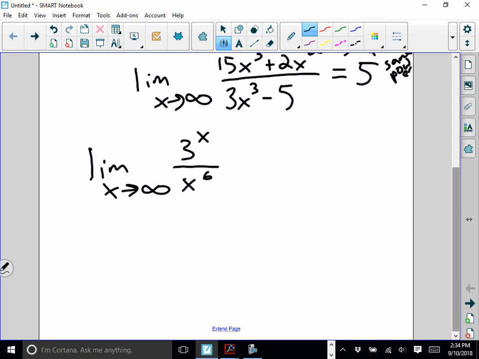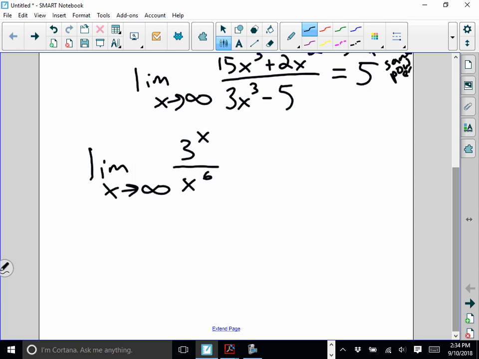Don't just look at the 3 and the 6. Look at the fact that the top function here is 3 to the x. That is much, much more powerful than x to the 6th, as x gets really, really big. So we know that the rule is if the top is more powerful, our answer is either going to be plus or minus infinity. But how do we know if it's plus infinity or minus infinity?